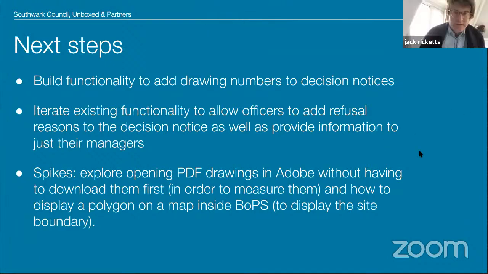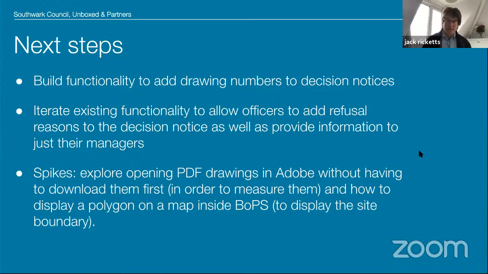Find my mute button. So yeah, next we have one sprint left, a fortnight left. So in that time, we will continue to build on the functionality, particularly around drawing numbers on decision notices.